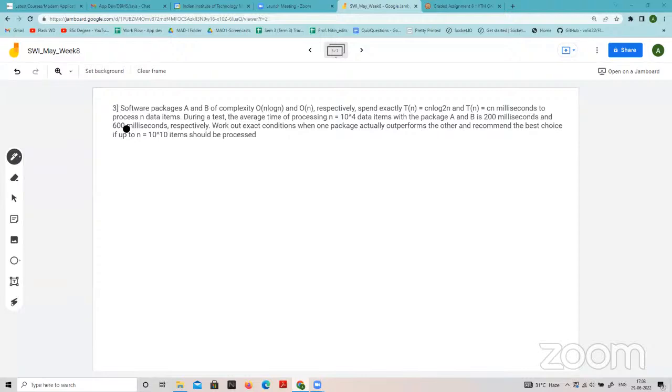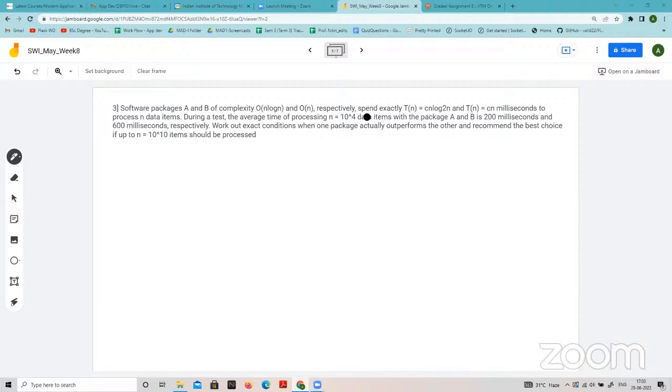Okay, one similar question, but here the way of looking at it is different. I hope you have read this question, probably in the quiz. This question was part of a quiz in the previous terms. Software packages A and B of complexity O of n log n and O of n respectively. That is A is O of n log n and B is O of n.